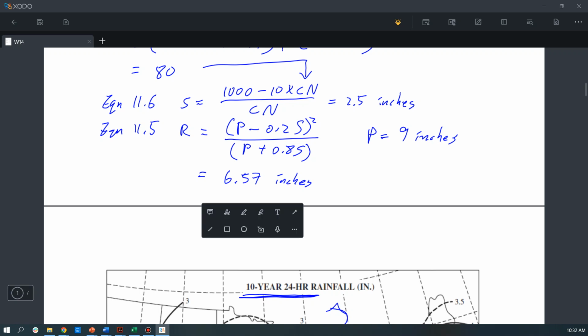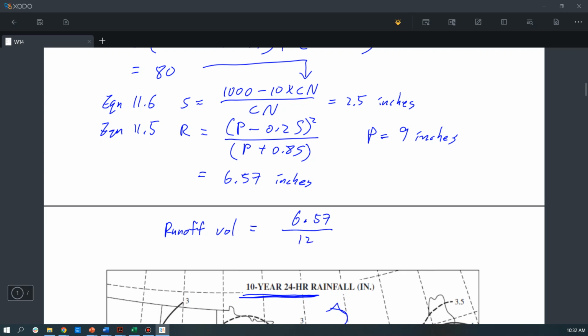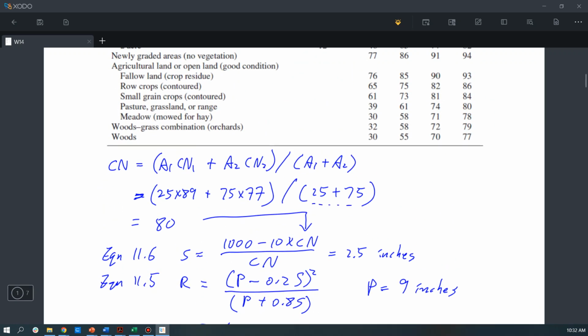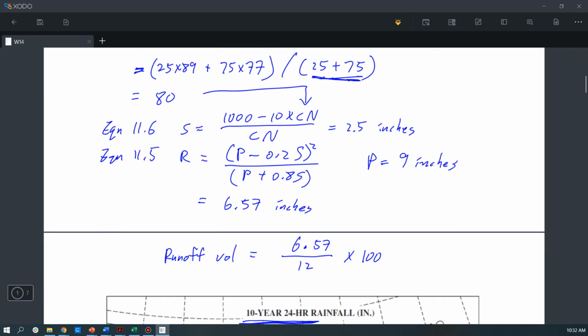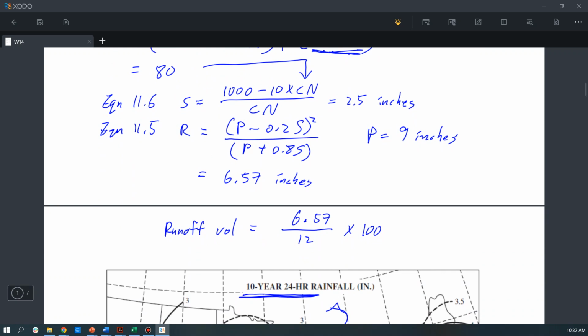So the runoff volume is equal to 6.57, and we convert inches to feet by dividing by 12, and times the area in acres, which is 100, because 25 plus 75 is equal to 100.